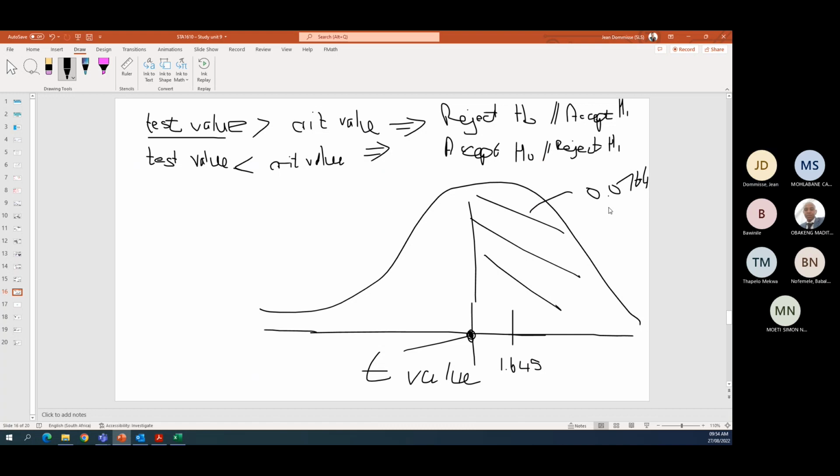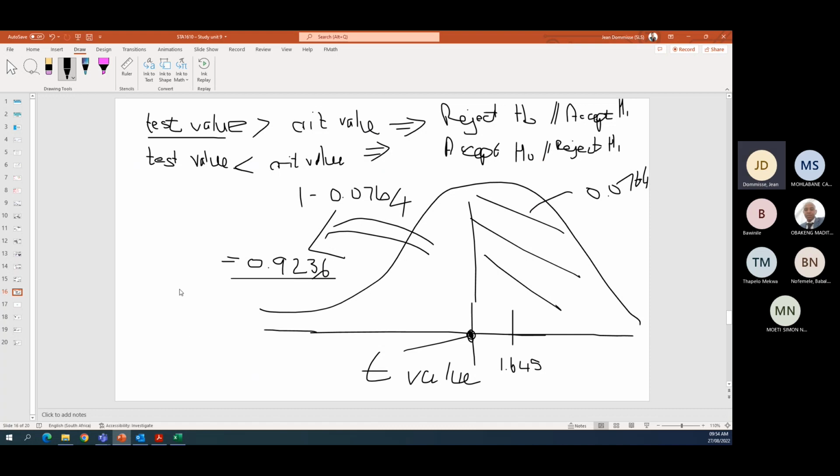If I need to work out that area to use my table, it is 1 minus 0.0764. So now we're going back to study unit 6 and 7. 1 minus 0.0764 is equal to 0.9236.